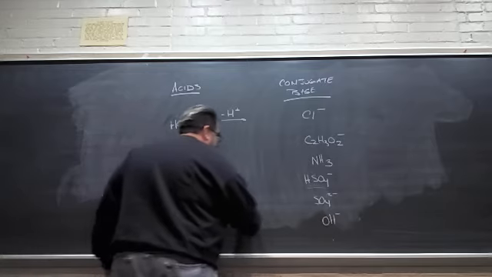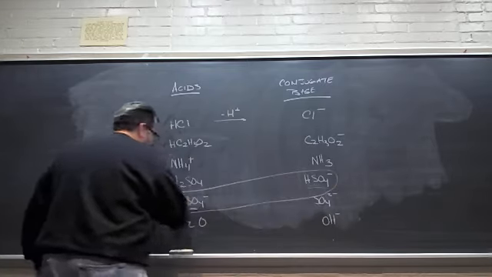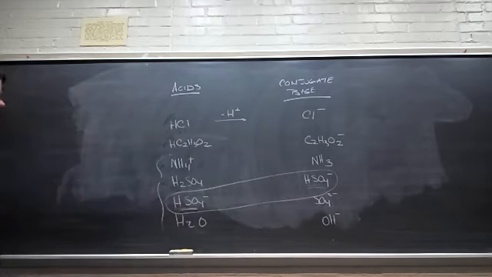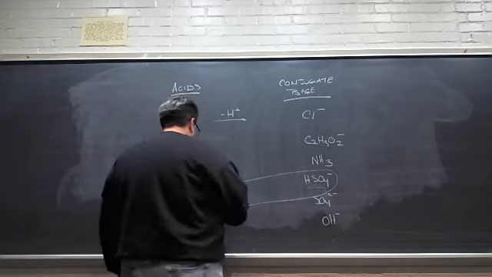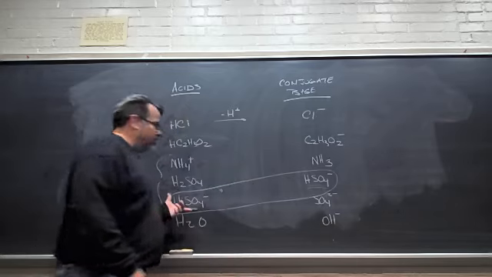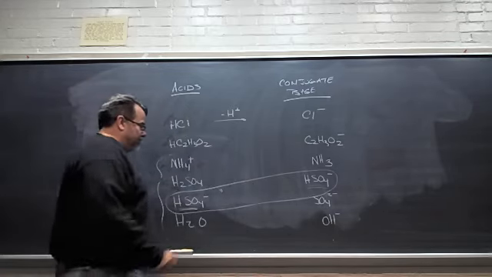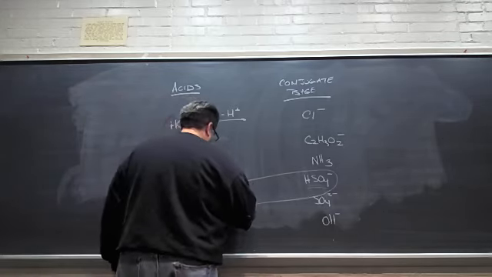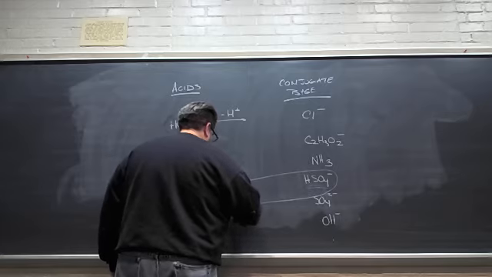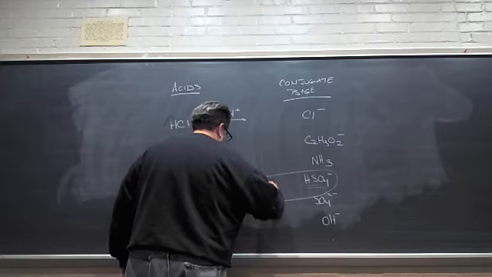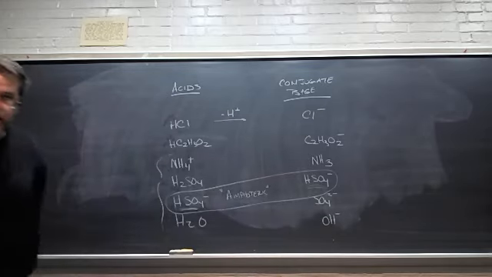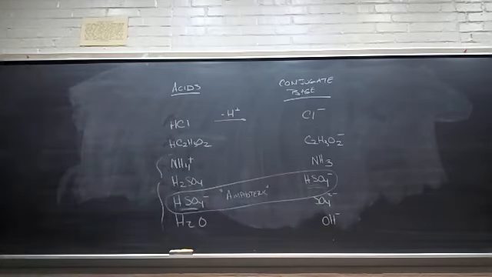So HSO4 can act as both an acid, as it does here, or as a base, as it does here. So that means, what's the word that we would use to describe HSO4 minus, I should say. Hydrogen sulfate ion is amphoteric. It can act as either an acid or a base.